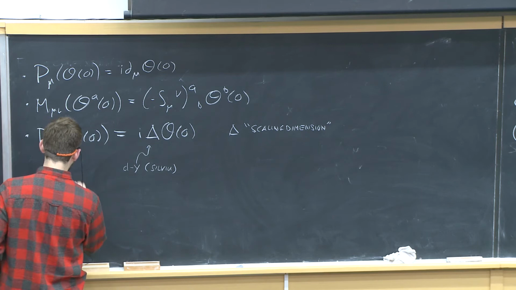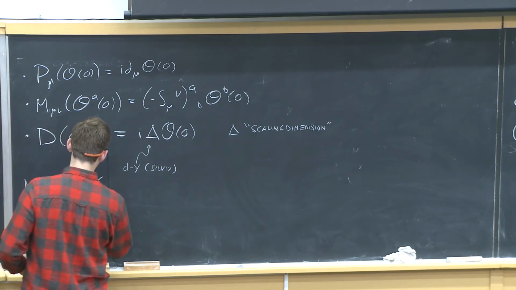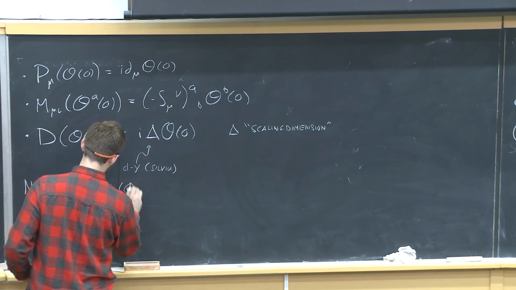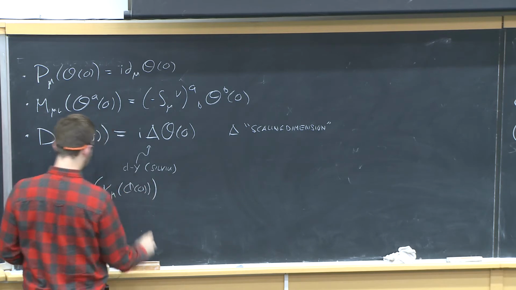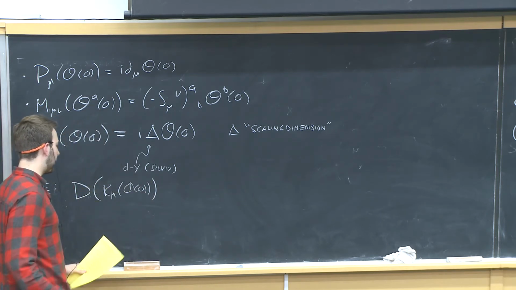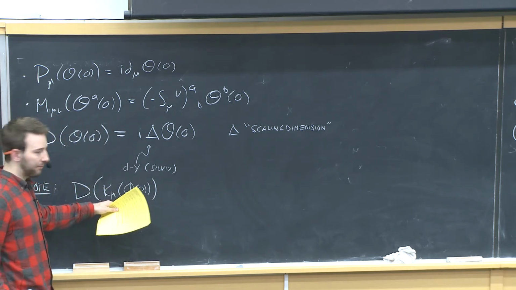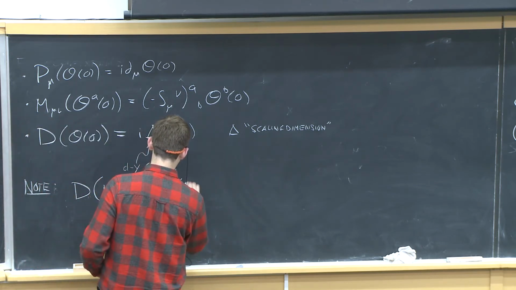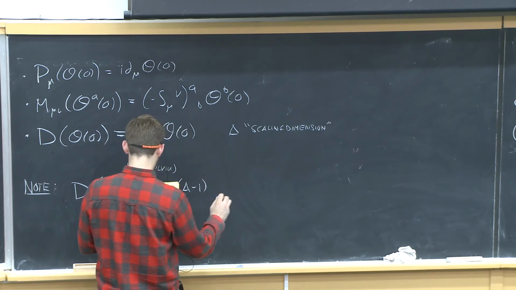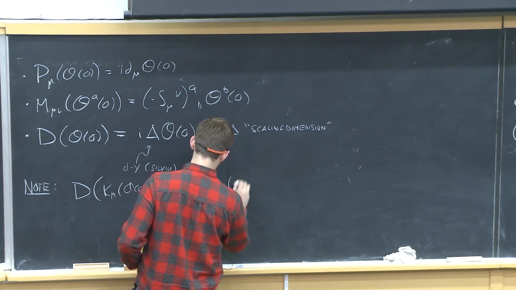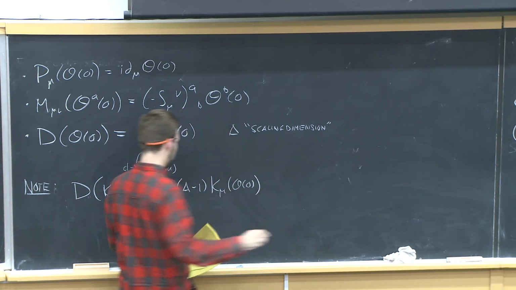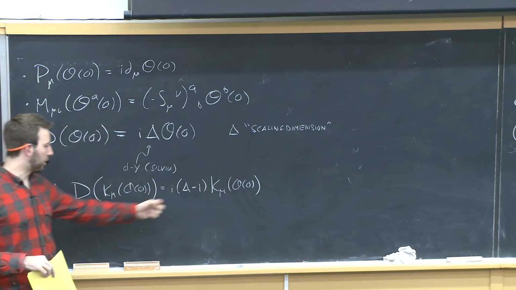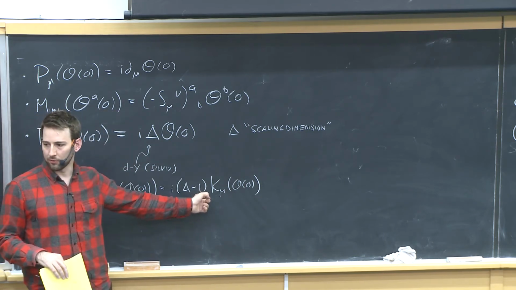From the algebra on the right board, you can very quickly see that the dilatation acting on the thing that I get by acting with a special conformal transformation on O, the scaling dimension of this thing is one less than the scaling dimension of the original operator.